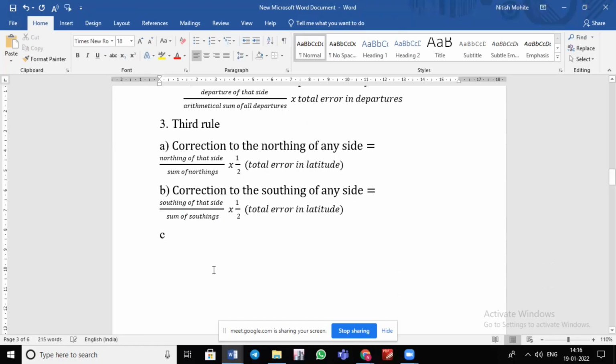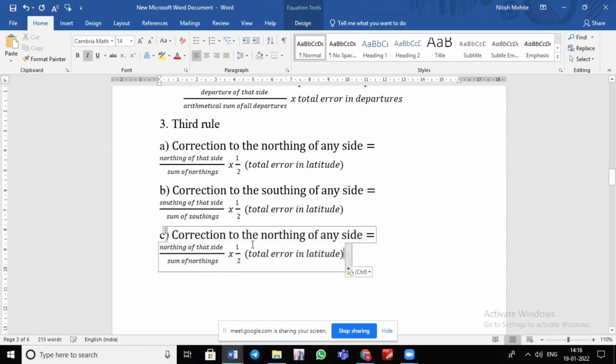Again, we are supposed to deal with the departure, where we have easting and westing. Easting of that side divided by the summation of easting and total error in departure, because easting and westing deal with departure.